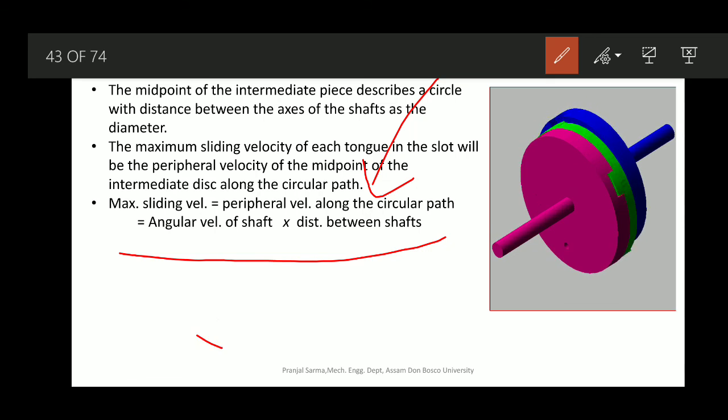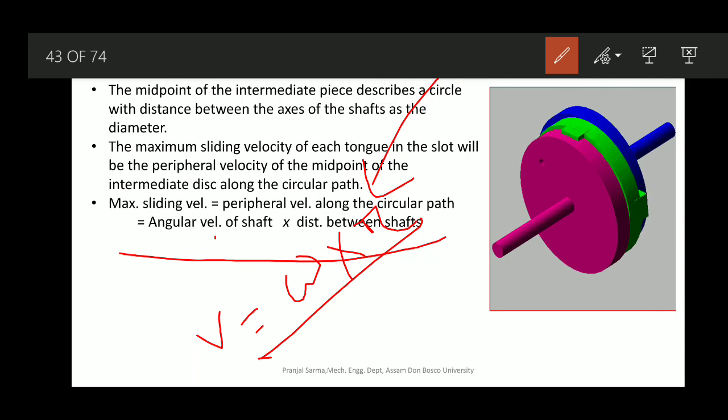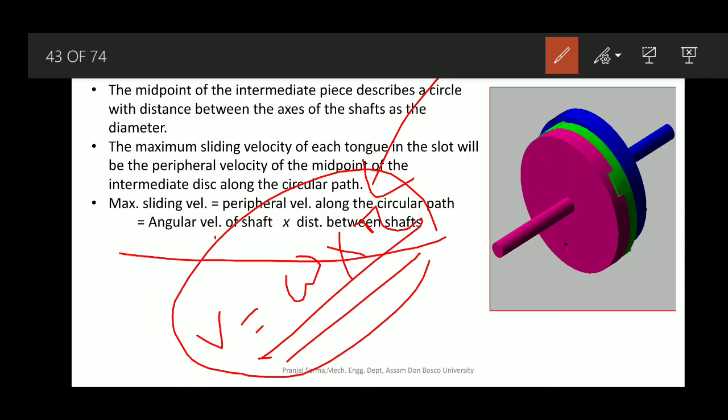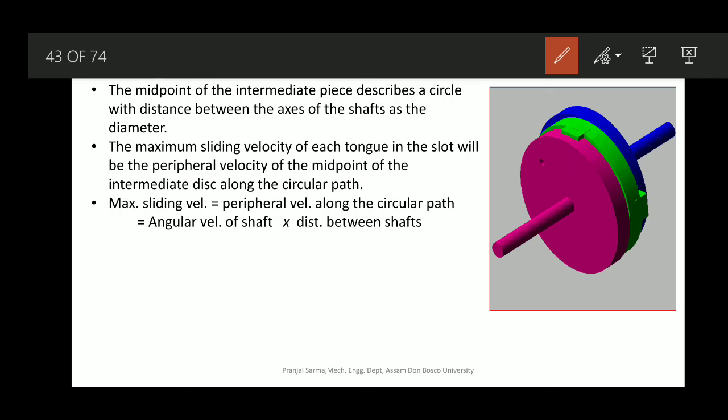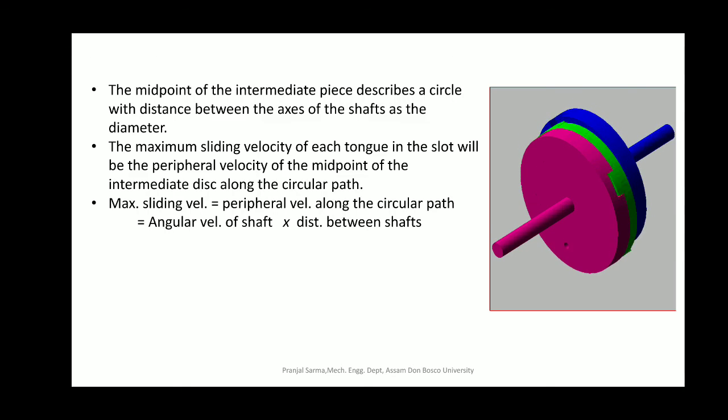It's just like v equals omega r, or v equals r omega, which we already know. So this is how the Oldham's coupling works, and why it is used: to connect two parallel shafts which are at a small distance apart.